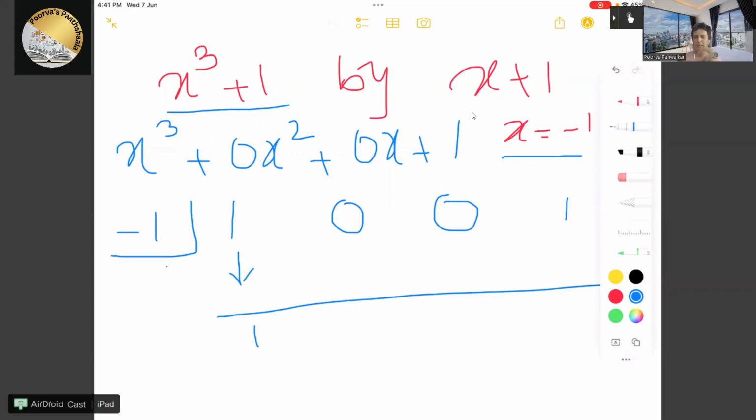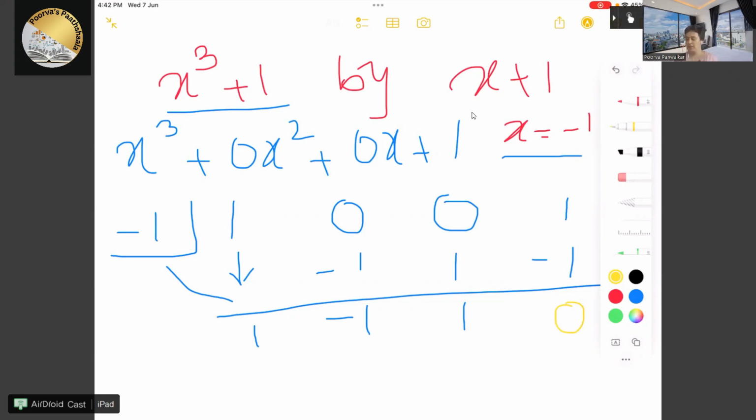Then I multiply minus 1 and plus 1, which gives me minus 1. After I add 0 and minus 1, I get minus 1. Again, I multiply minus 1 and minus 1, which gives me a 1. After adding, I get 1. And here at the end, I get minus 1. After adding it, I get a 0. So we are done with our division yet again. You all will see that it was looking difficult, but it's already done.